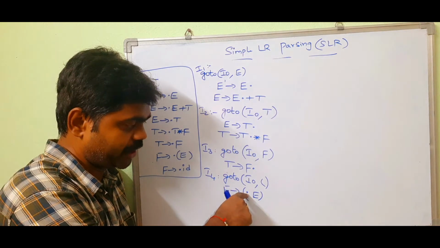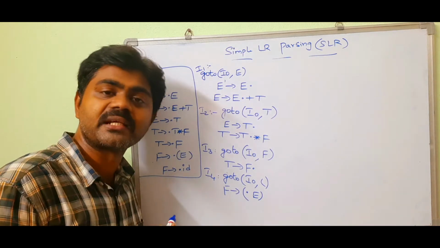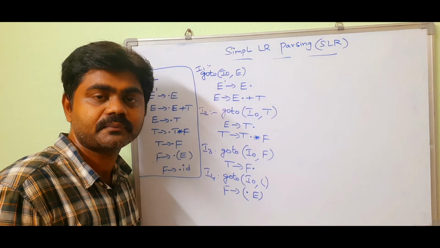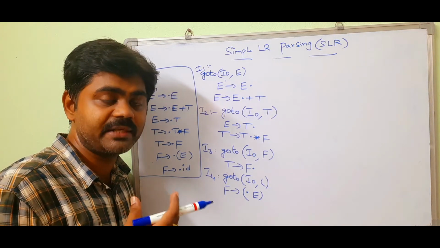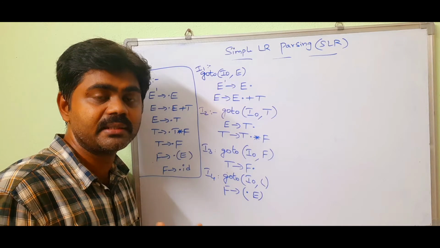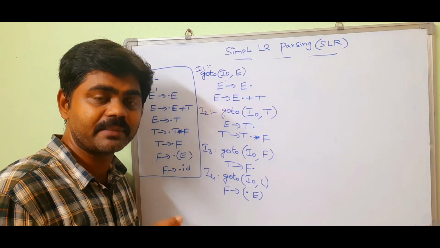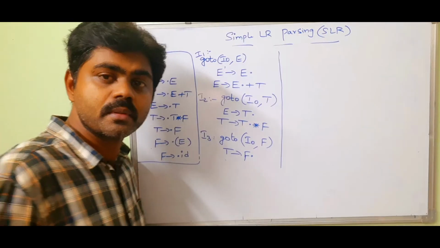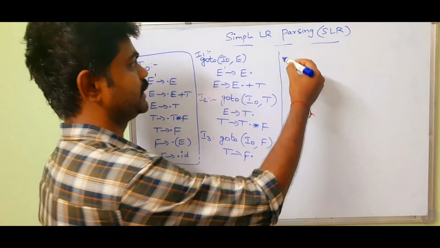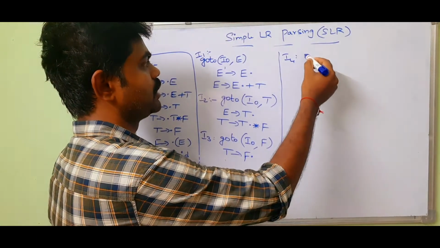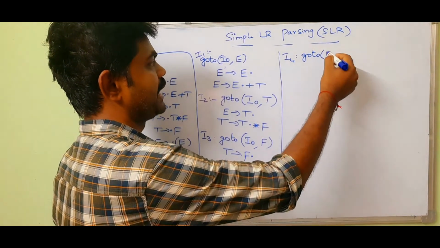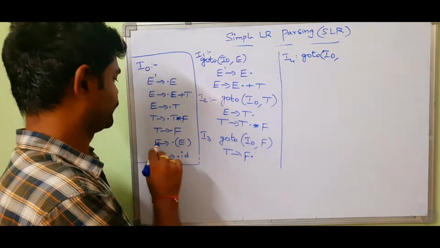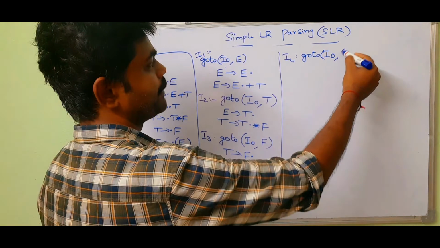So if you observe closely, after dot we have a non-terminal. Okay. So what if we have a non-terminal after dot? We should write that non-terminal's productions completely. Okay, so we have E. So I4 goto of I0 comma open parenthesis.